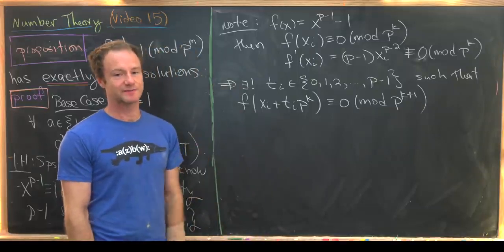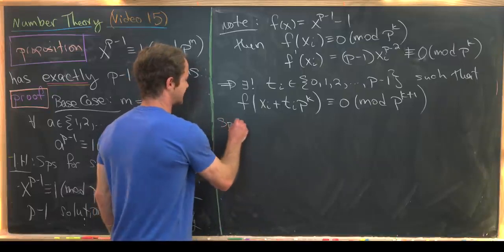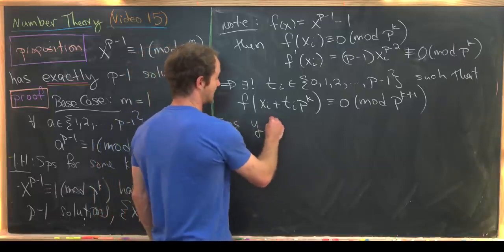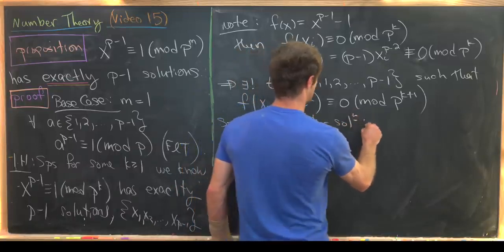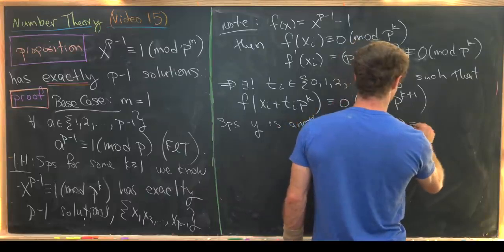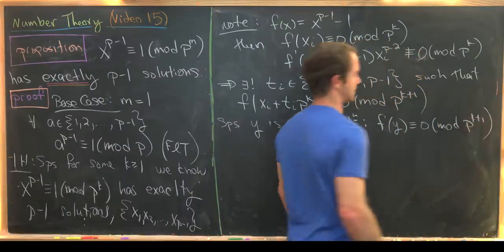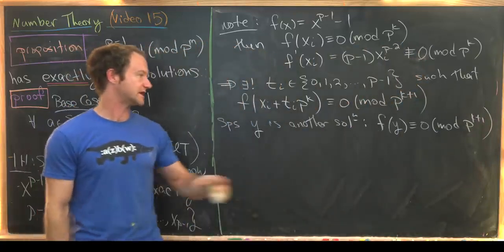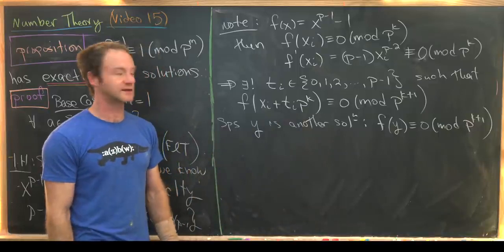Now we want to finish this by showing that we have all of the solutions. So let's suppose y is another solution. In other words, we have f evaluated at y is congruent to 0 mod p to the k plus 1. What we want is for this y to really be one of these that we've already constructed.